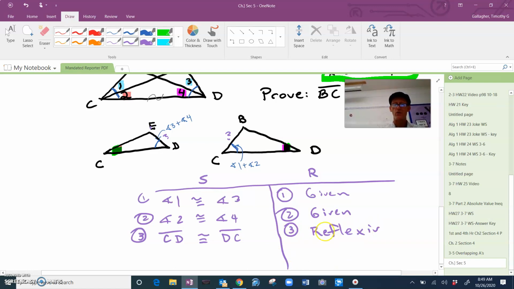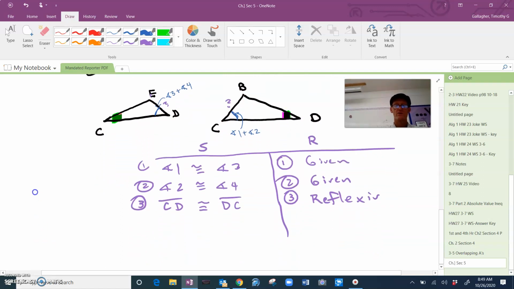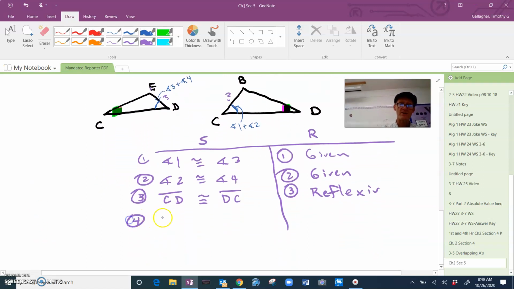Now we're going to get angle D congruent to angle C, but we have to say BCD and EDC. So the fourth step is angle BCD congruent to angle EDC, and that's addition.